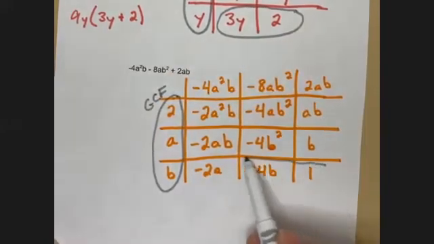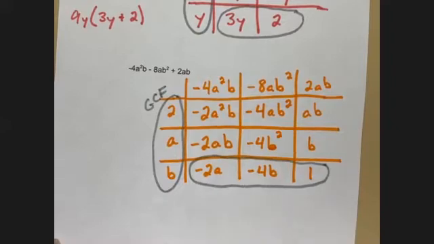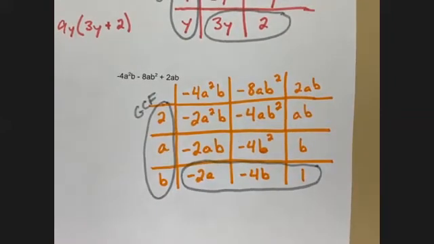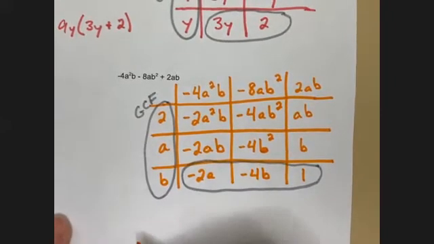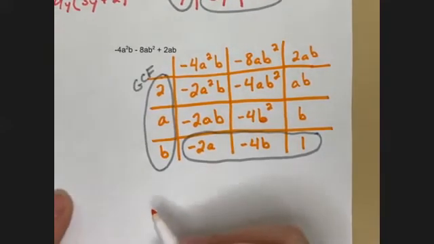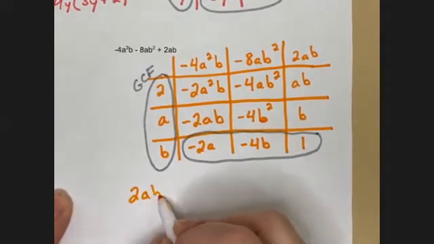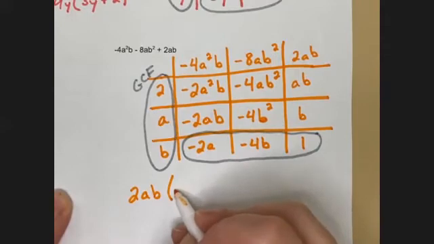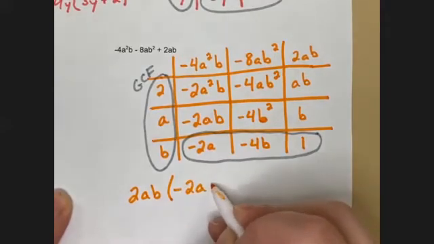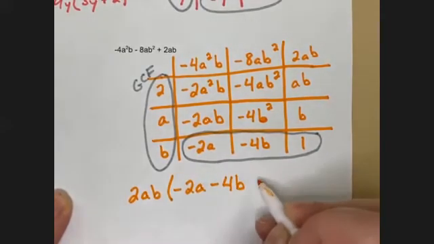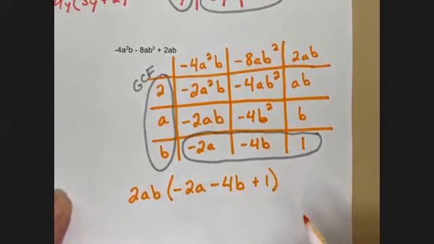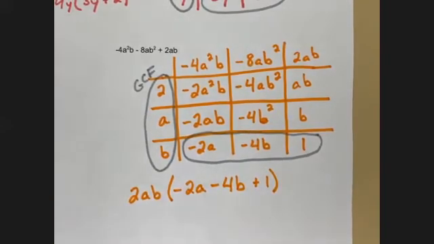And this that's down here is going to be the polynomial that I write. So the answer to this, once it's factored, is going to be 2ab parentheses negative 2a minus 4b plus 1. And that's it. That's how I factor.